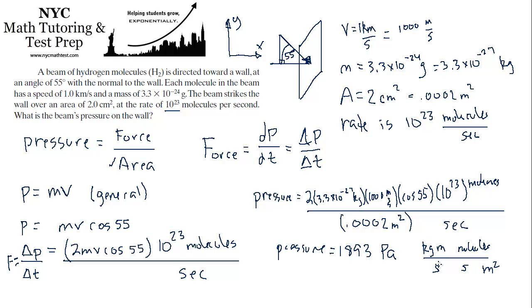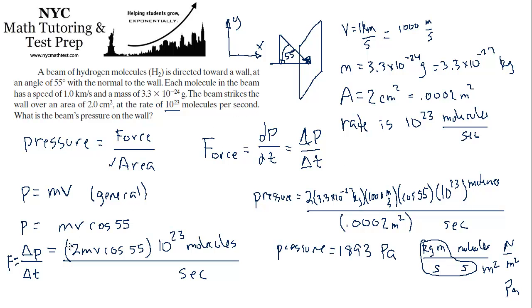So kilogram meters per second, so we could take these 2 seconds and put it together, right? That's seconds squared. So kilogram meters per second squared is a newton, and that's a meter squared. So newtons per meter squared is pascals, right? Newtons per meter squared is a pascal. So that's what we want. It's this molecules that's kind of bugging me here. That's how many molecules per second. Oh, you know what it is?